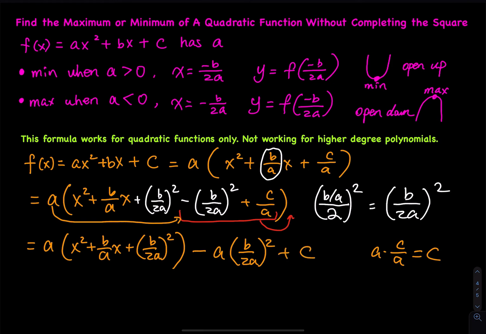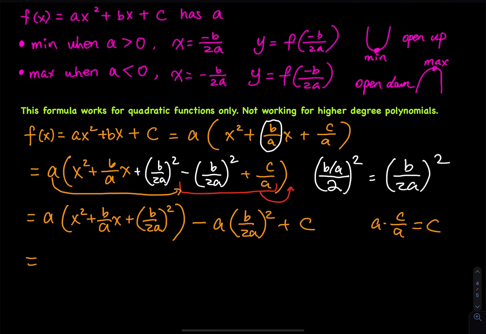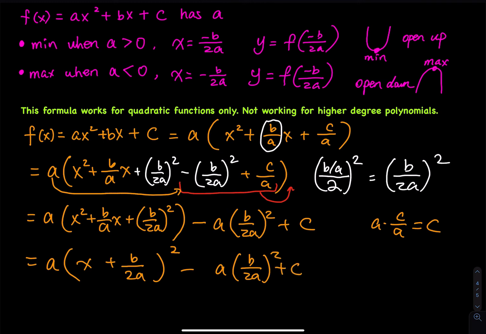And then you add c to it. The next step is a times parenthesis, push the square out, and then the variable, and then what sign goes there? The sign is a plus. So this is a times x plus b divided by 2a, squared, and then minus a times b divided by 2a squared, and then plus c.